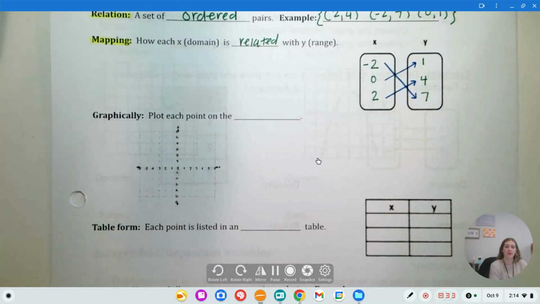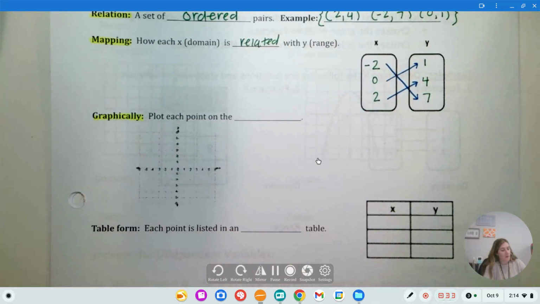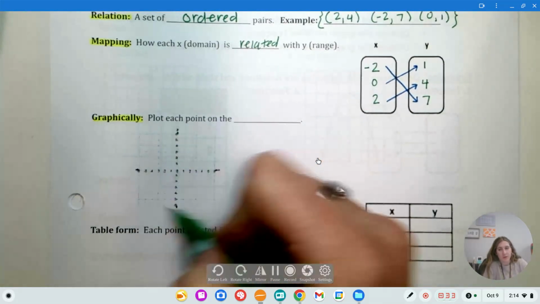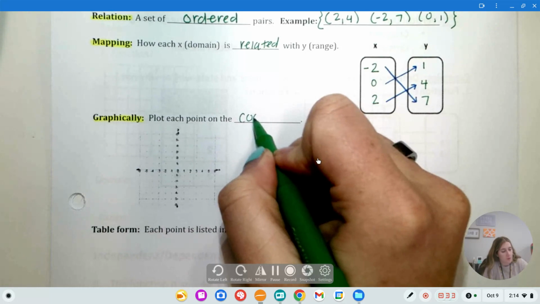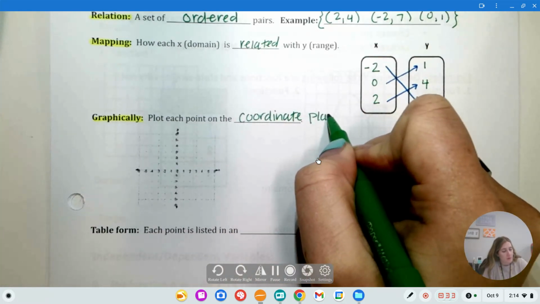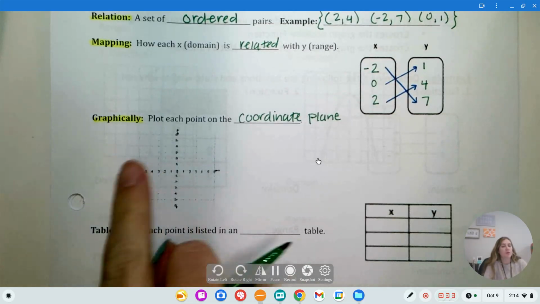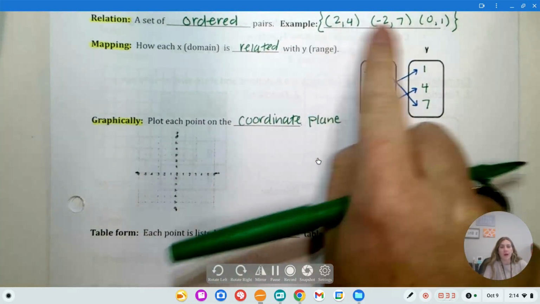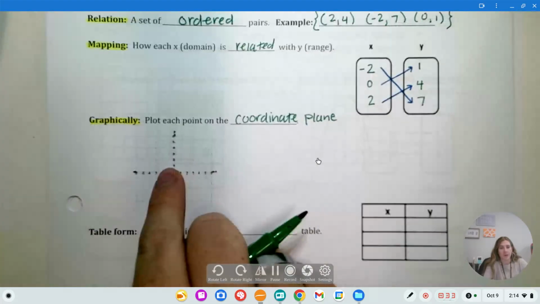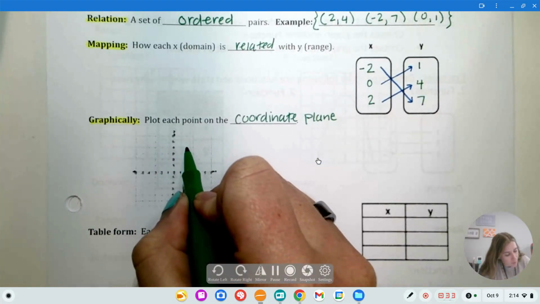Now we have a graph. So let me highlight this word. Now this is something you've seen before. All we're doing is plotting each point, and remember this is called a coordinate plane. The XY is called a coordinate plane. So do your best. I know it's hard to read. We're going to plot these points on the coordinate plane. So I'm going to go (2, 4). So right 2, up 4.